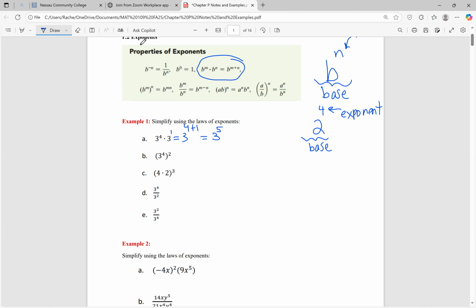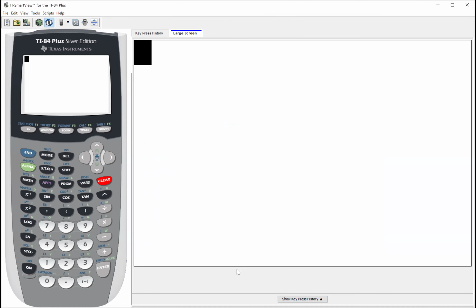So let me share my calculator screen. Whether you have the TI-84 or the TI-83, it's going to look very similar to the calculator that I have displayed. So we want to enter 3 to the 5th power.